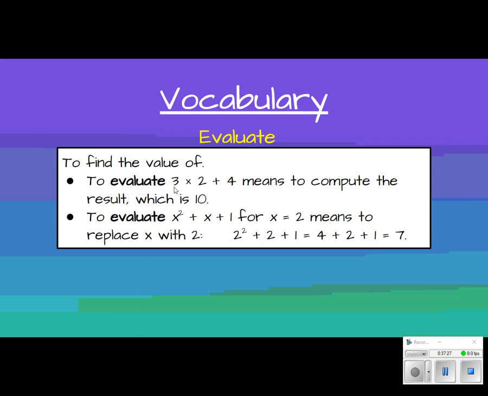So if I give you a string of numbers, and tell you to evaluate it, I want you to use the order of operations. So to evaluate this, you would do 3 times 2, you would get 6, 6 plus 4, you would get 10. So your goal is to get a number answer by doing the order of operations. That's one meaning of the word evaluate.